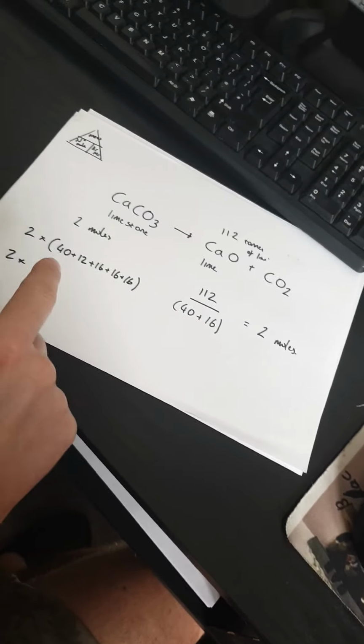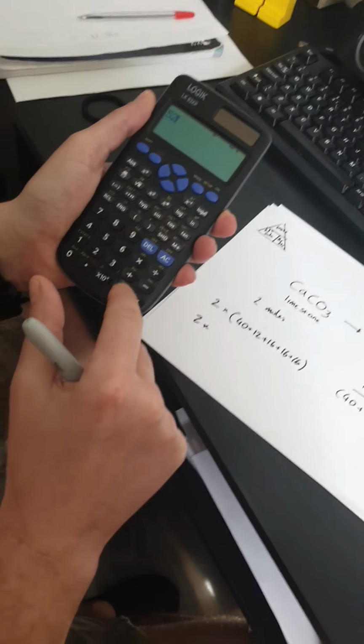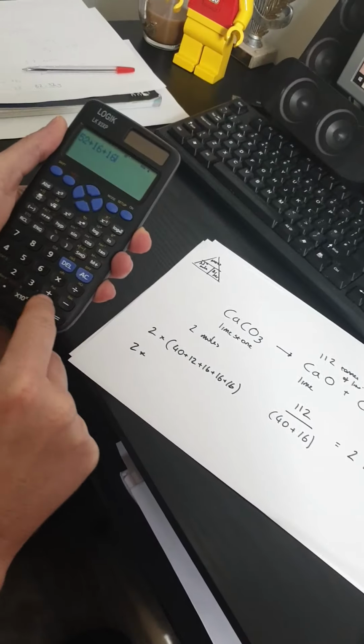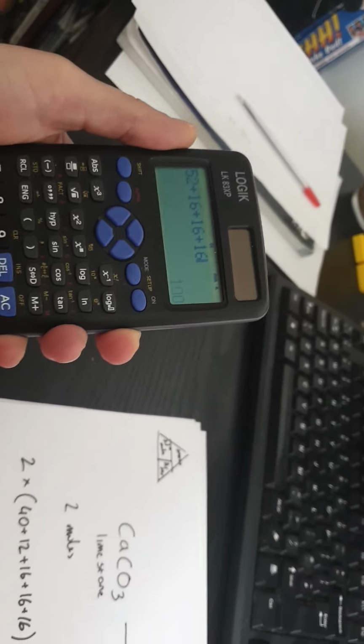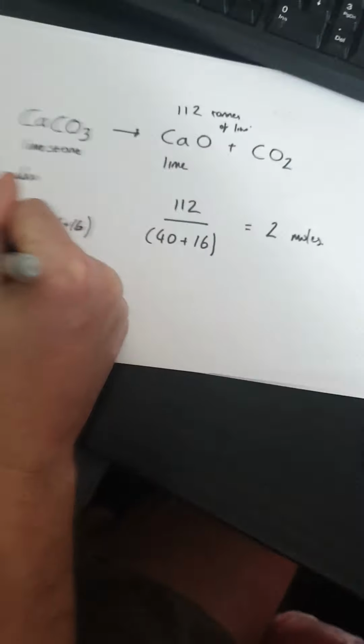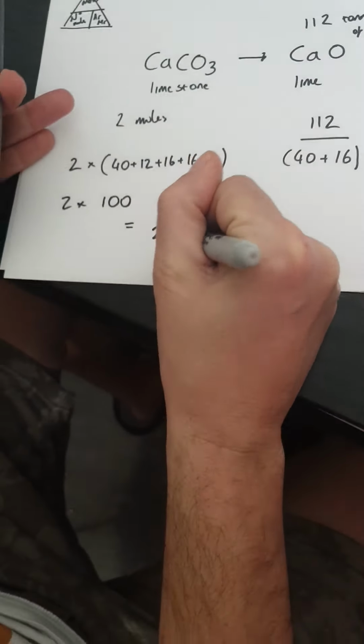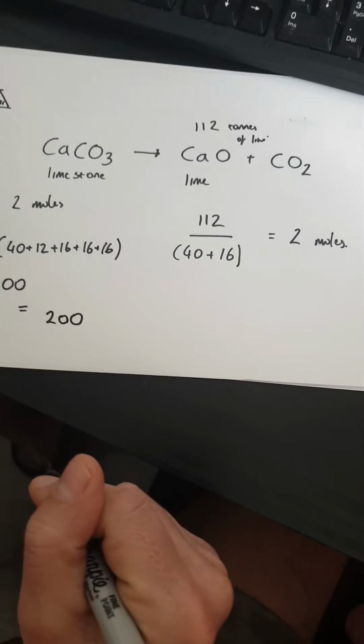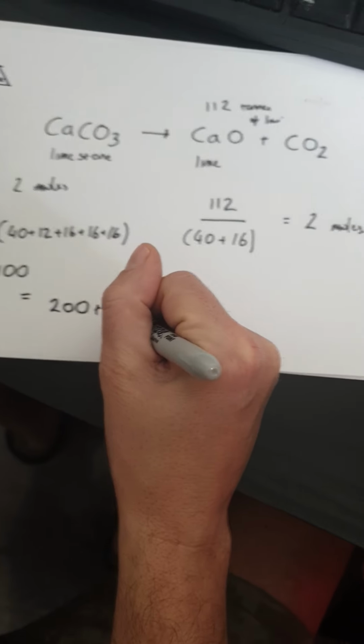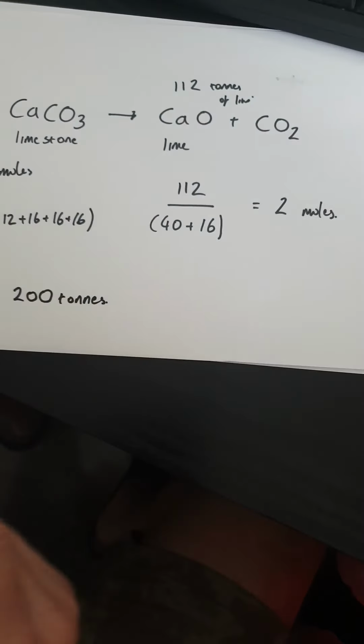I'll do it on the calculator, just to make sure I don't make a mistake. That equals 2 times 100, which equals 200. So in other words, 200 tons, because we stuck with tons either side.